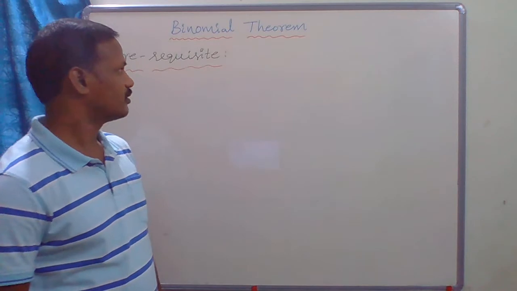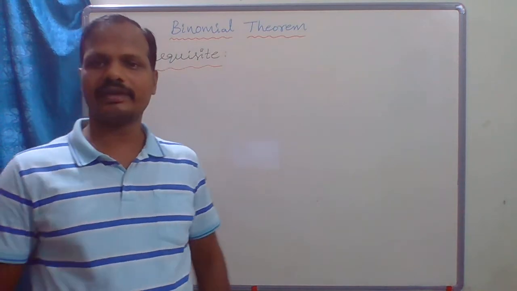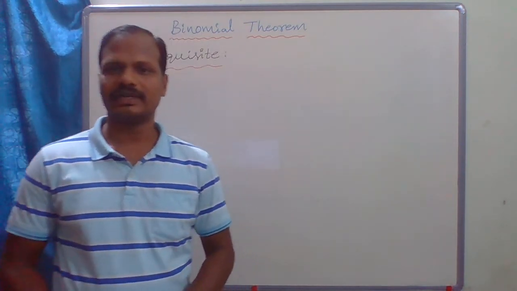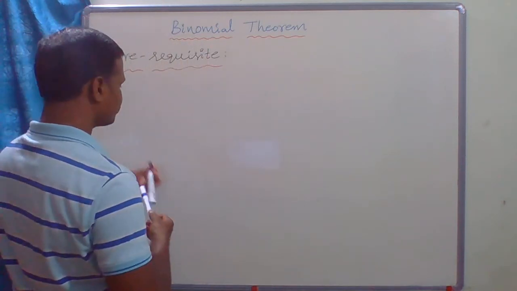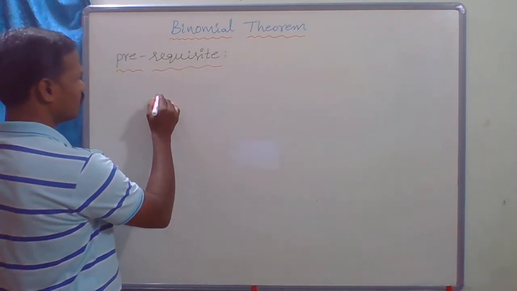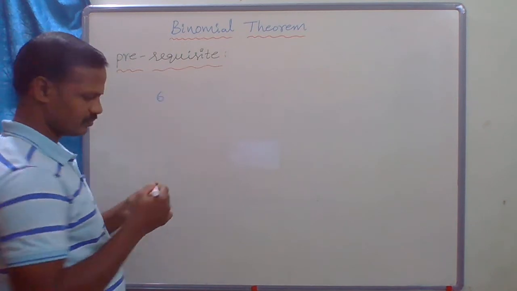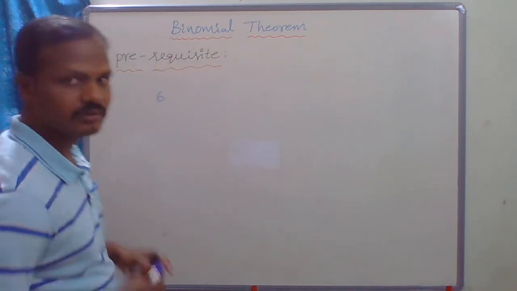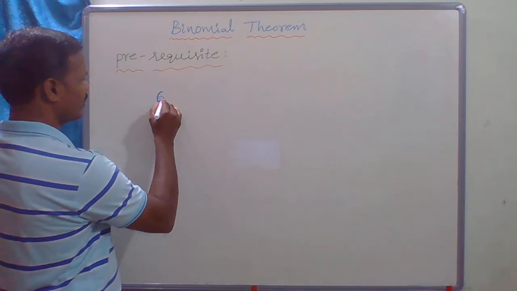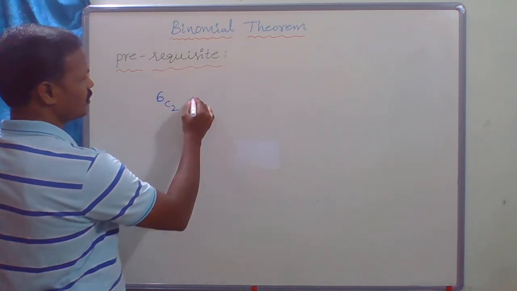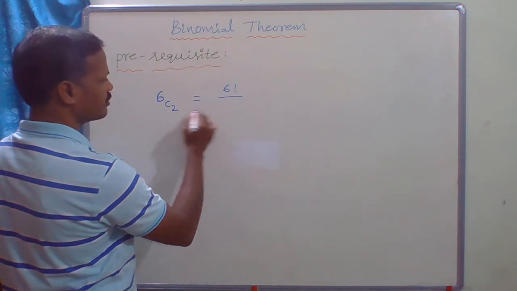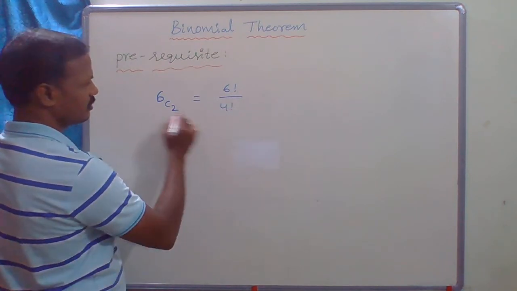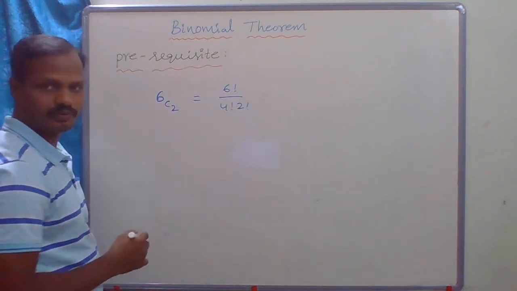Now how will we calculate NCR? Suppose, what is the value of 6C2? In general, the formula is 6 factorial by 6 minus 2, that is 4 factorial, into 2 factorial.